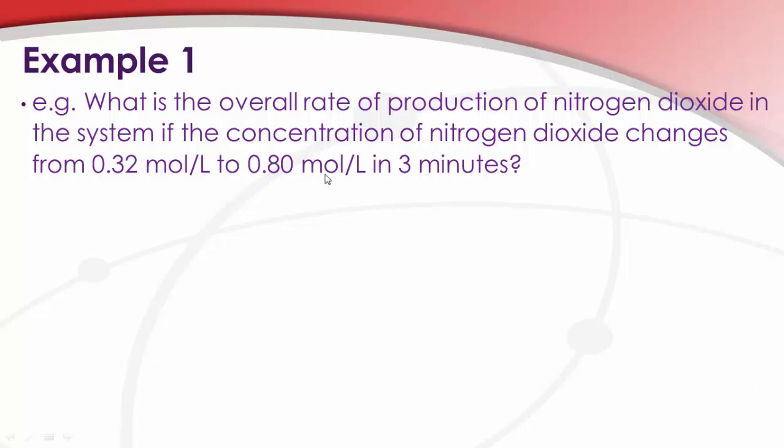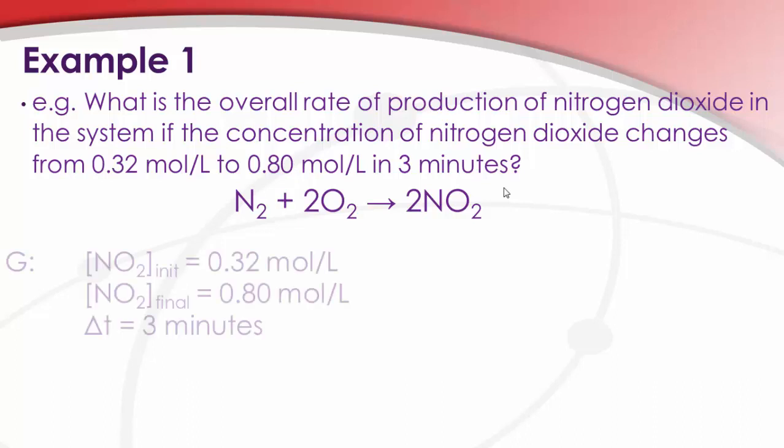And the time frame of our experiment is 3 minutes. Here's the balanced reaction here. Nitrogen gas reacting with oxygen to form nitrogen dioxide. Now, we've been given our initial concentration of nitrogen dioxide and our final concentration of nitrogen dioxide, and our time frame under which we work.